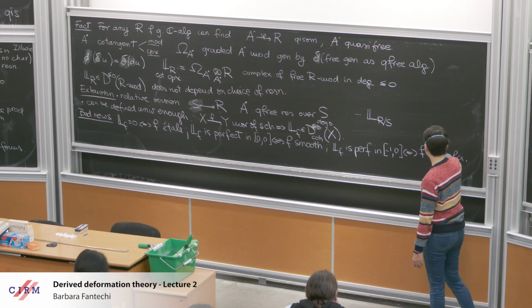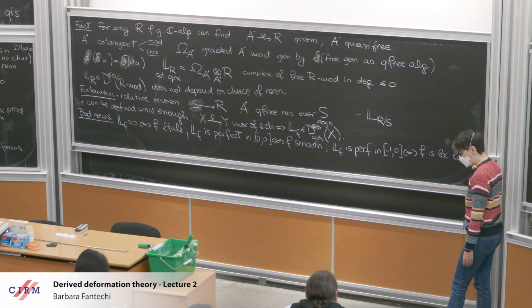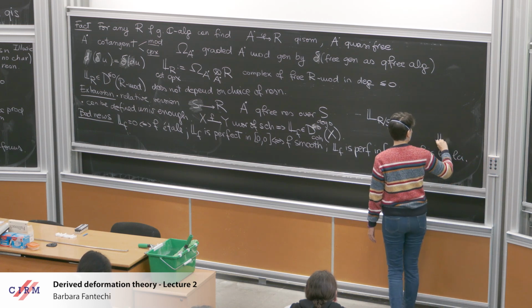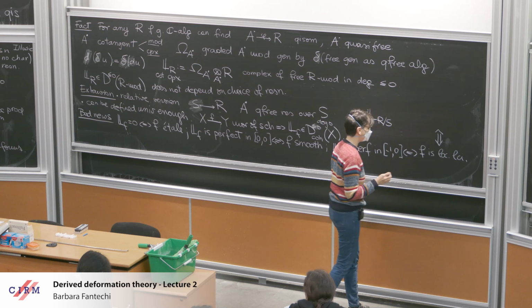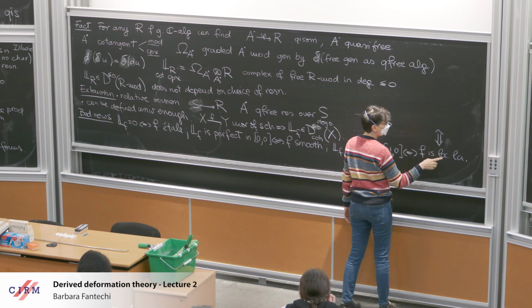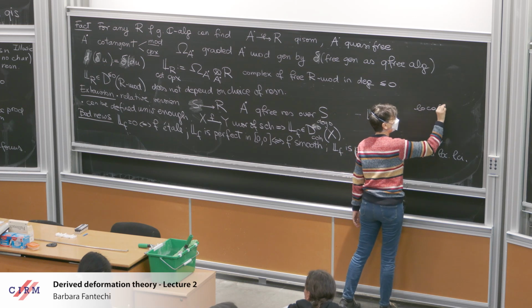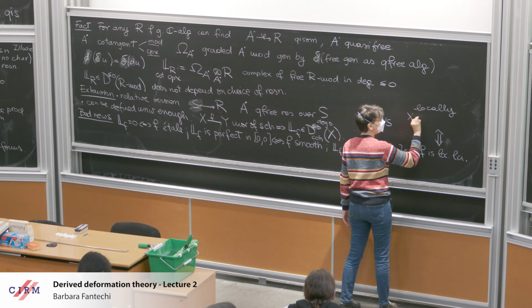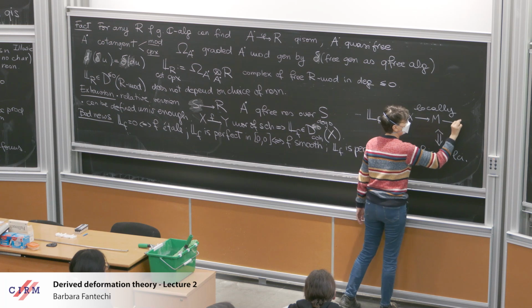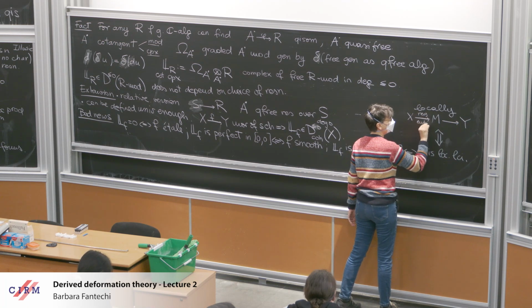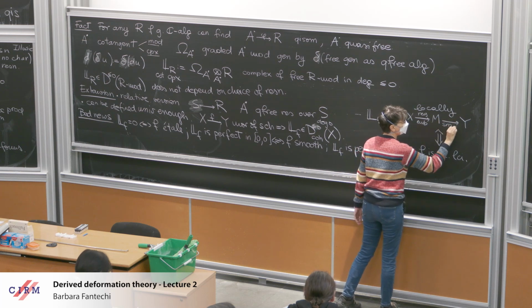And this is a notion you are familiar with if you have studied intersection theory. This corresponds to the fact that locally we can factor it as X in M in Y. This is a regular embedding, and this is a smooth morphism.